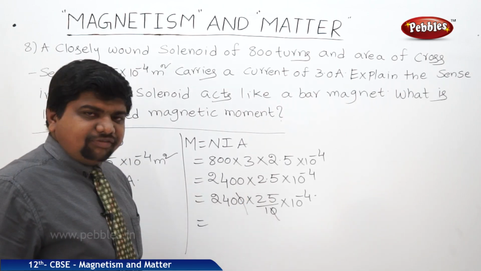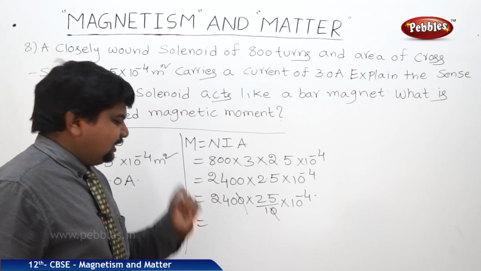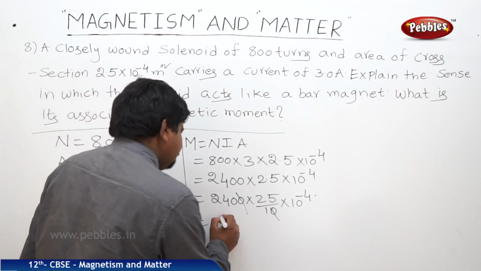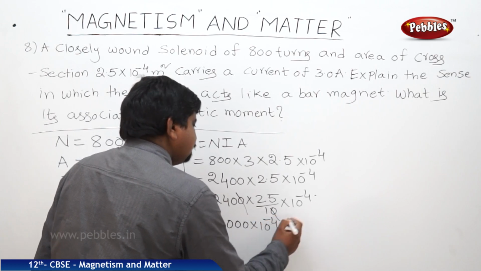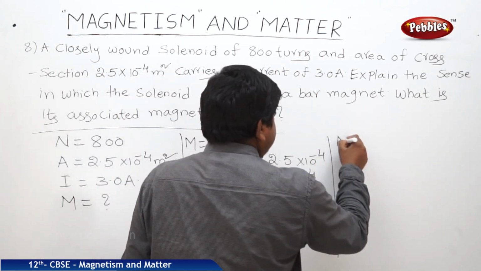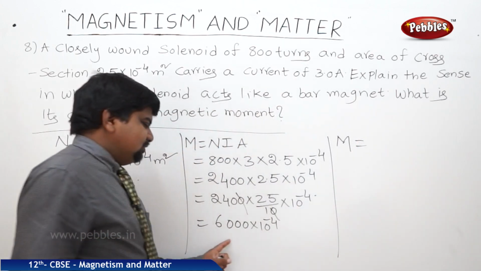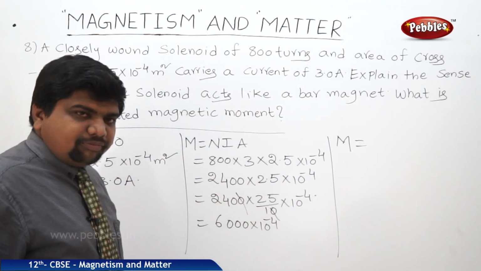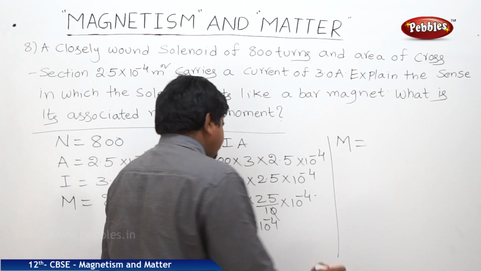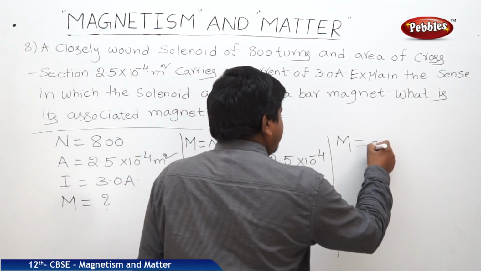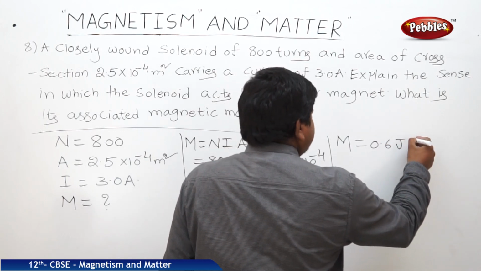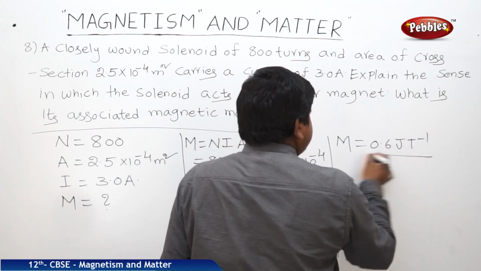So 24 25s are 600. 600 into 10, 6000 into 10 to the power of minus 4. So we will get m is equal to 6 into 10 cube into 10 to the power of minus 4, 6 into 10 to the power of minus 1, 0.6 joule T minus 1.